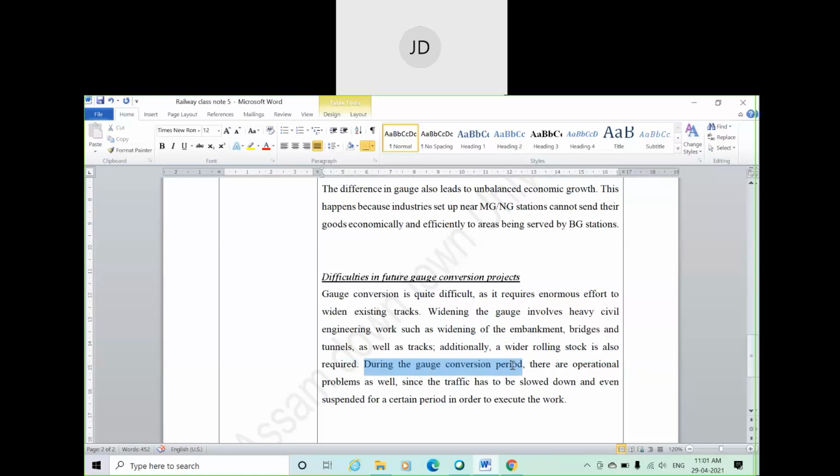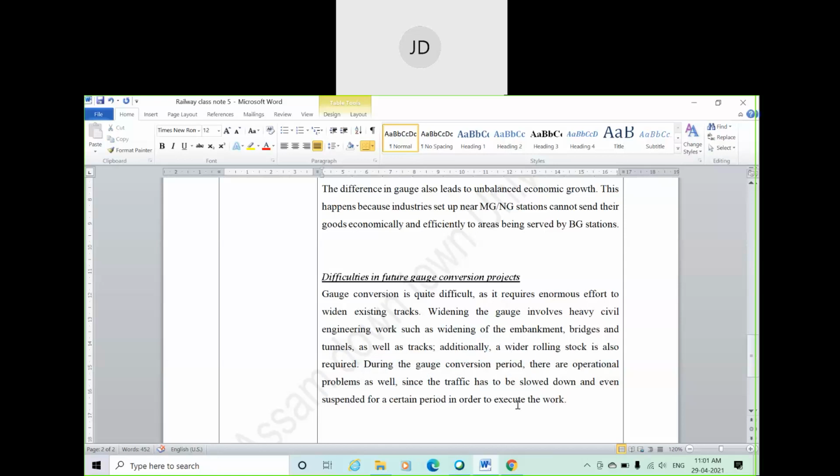So during the gauge conversion period, there are operational problems as well. Suppose you are changing the track, you cannot move trains in that particular area. The traffic has to be slowed down, or even suspended for a certain period in order to execute the work.